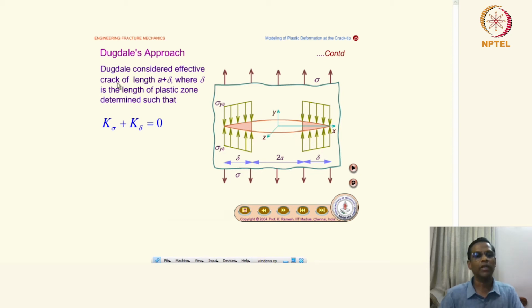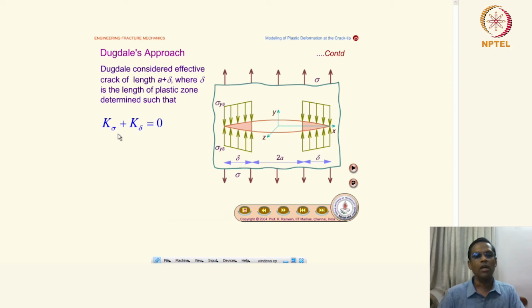Dugdale considered the effective crack of length a plus δ, where δ is the length of the plastic zone, determined such that Kσ + Kδ = 0. So how do we understand this?